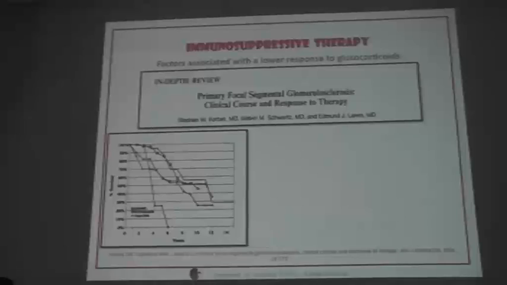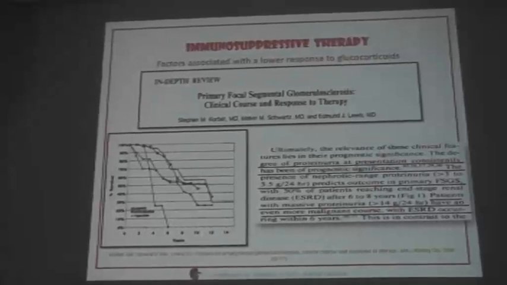And these are studies talking about the factors associated with poor response in patients with focal segmental glomerulosclerosis and massive proteinuria. They concluded that, as I mentioned earlier, the degree of proteinuria at presentation has consistently been of prognostic significance.